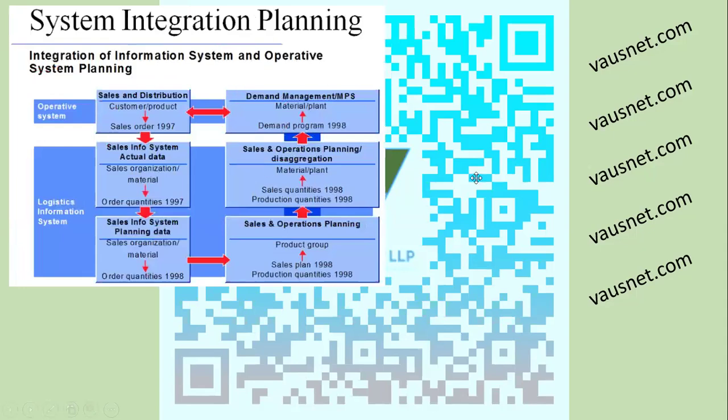Now, how does the planning go ahead? It starts from sales and distribution. The sales order from 97 is taken up to create estimates for order quantities for 98, which then goes and gets upgraded to sales operation planning, and sales operation planning gets into disaggregation. Now, what is disaggregation?